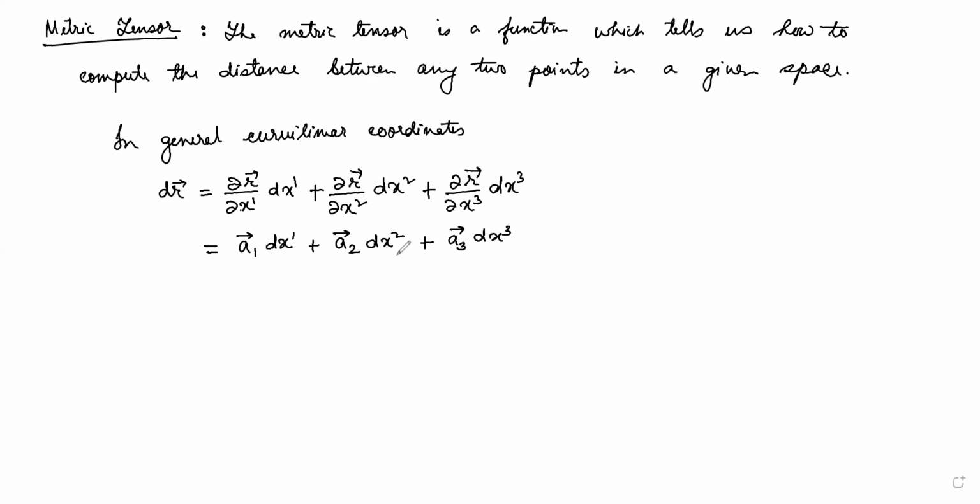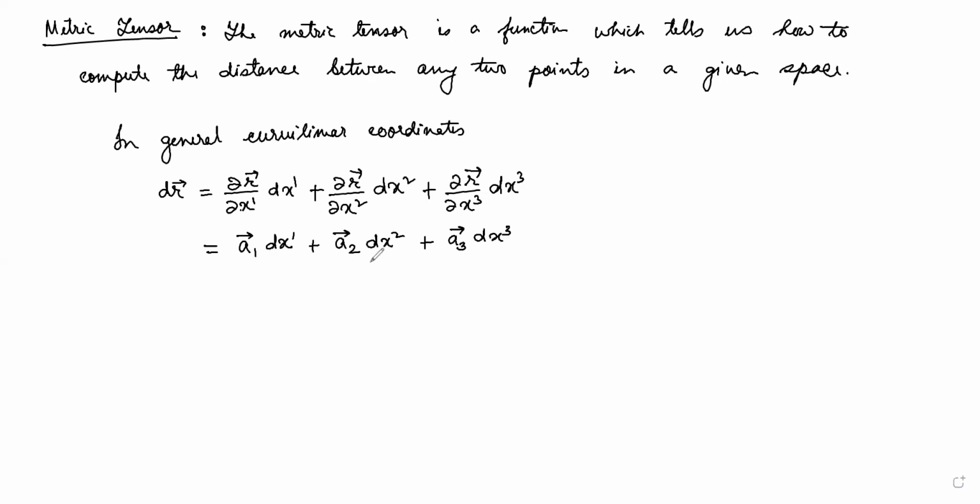And we saw earlier that dx¹, dx², dx³ are actually the components of a contravariant vector.